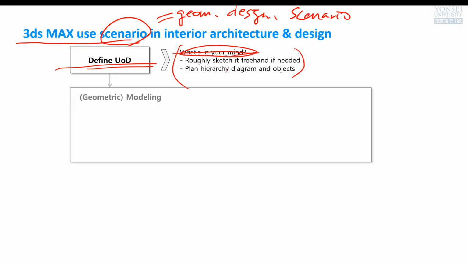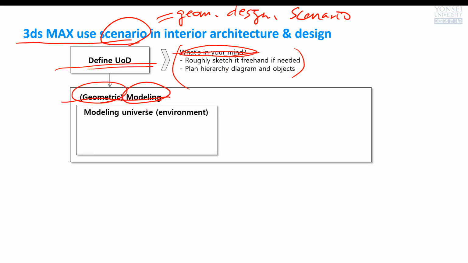Create universe means starting modeling, geometric modeling. Environment model first, the same as we had to make some OSM based street map, or some Google Earth based model, or Revit's mass, or some AutoCAD line drawing based site drawing. This is environmental modeling.